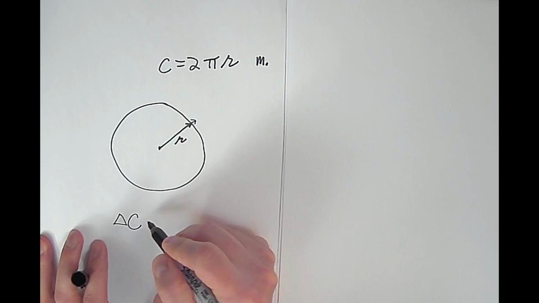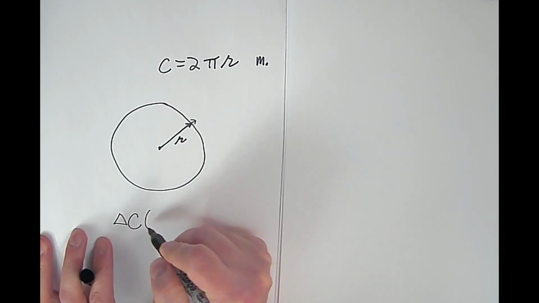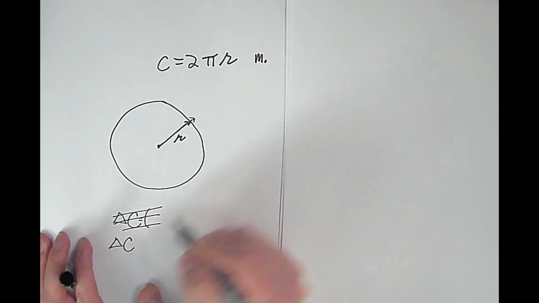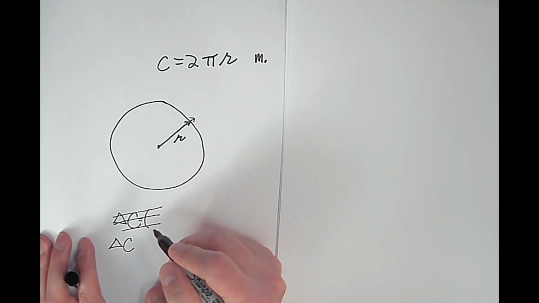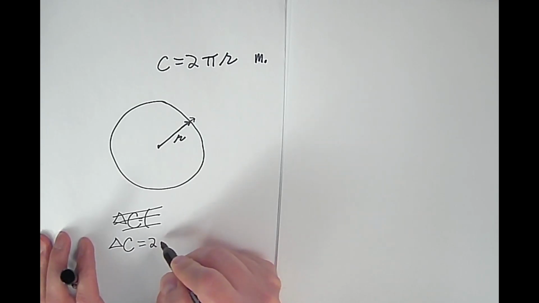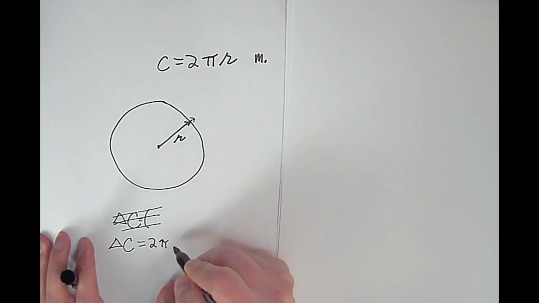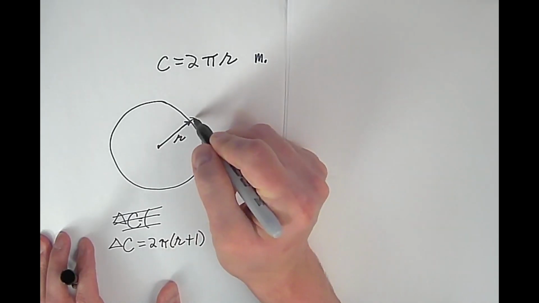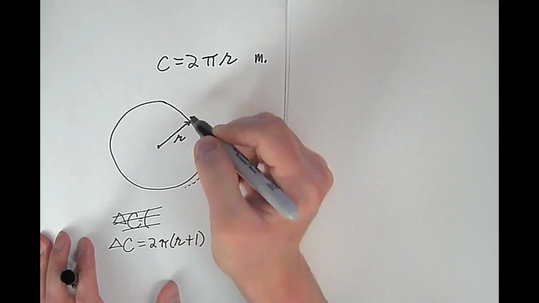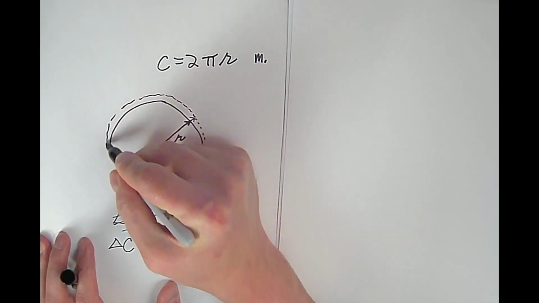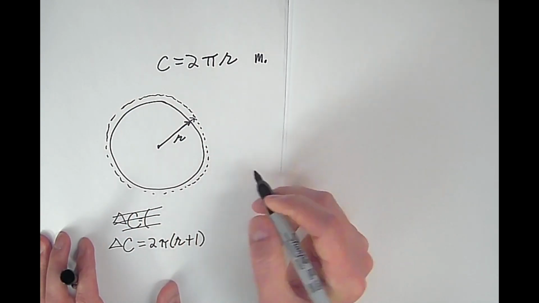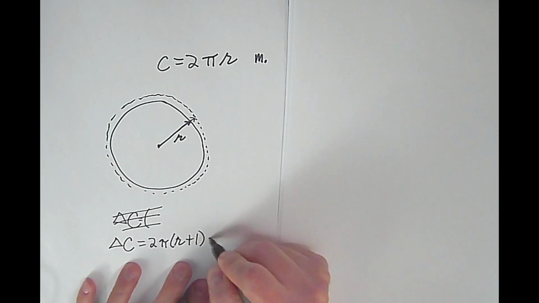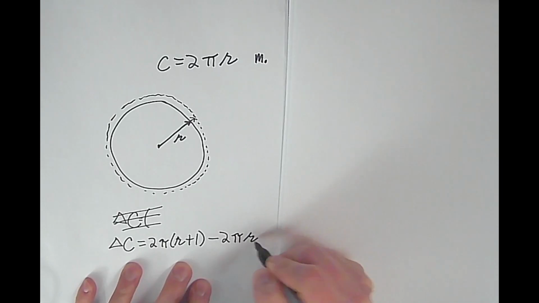So that delta C in the rope is going to be equal to 2 pi times (r plus 1 unit), 1 meter, because that's what we're going to have if it's 1 meter above the surface, minus 2 pi r. That's going to be the delta in the circumference.